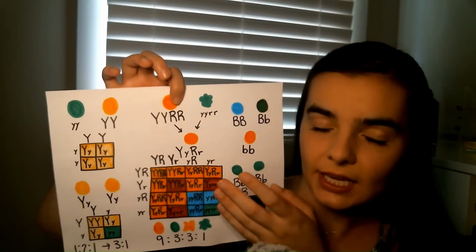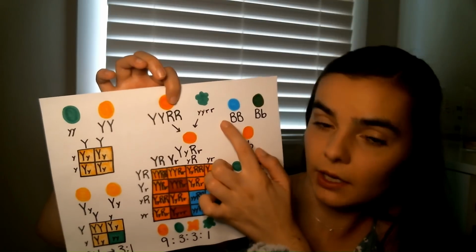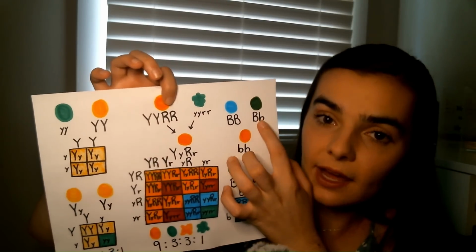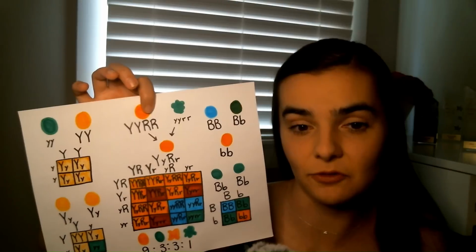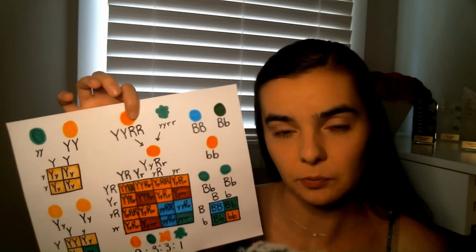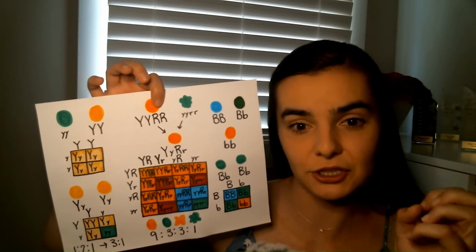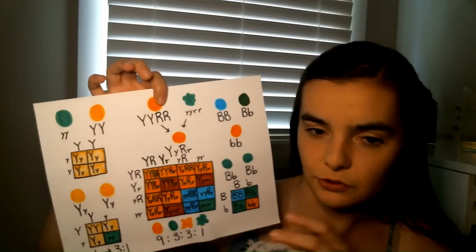You would think a heterozygous would be blue, because they would get one big B, but the heterozygous is green, which is a mix of blue and yellow. So that's called incomplete dominance, where you do actually get that mixture of the two traits.